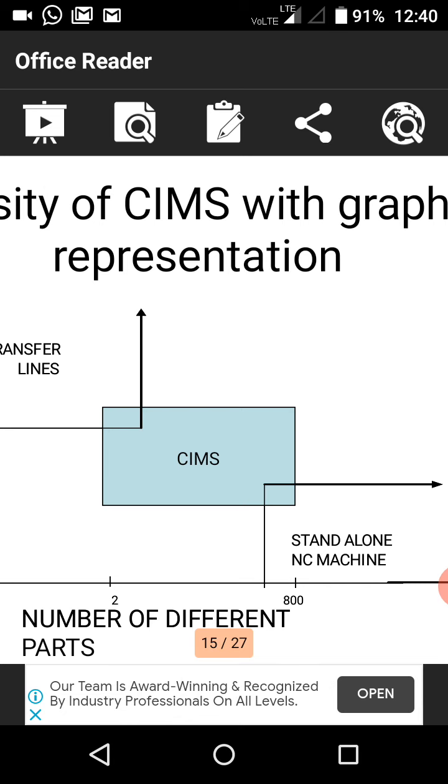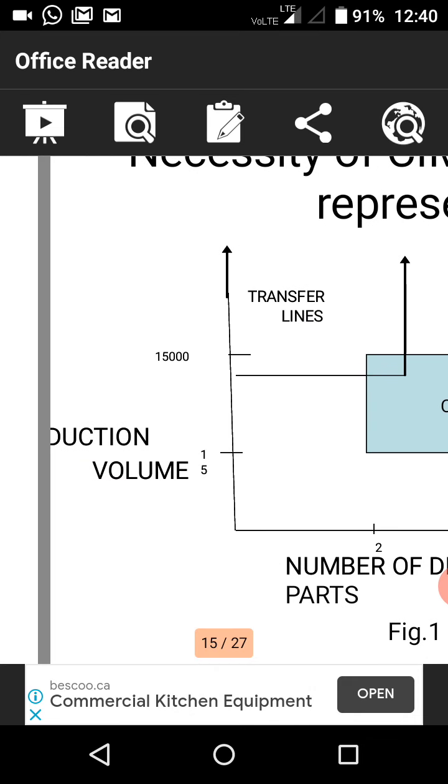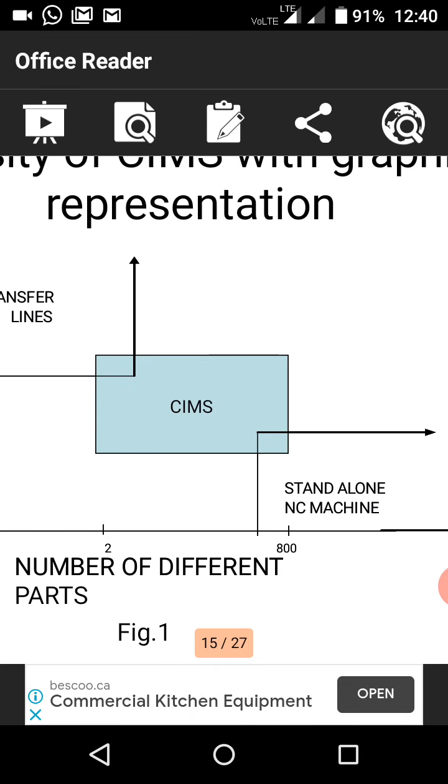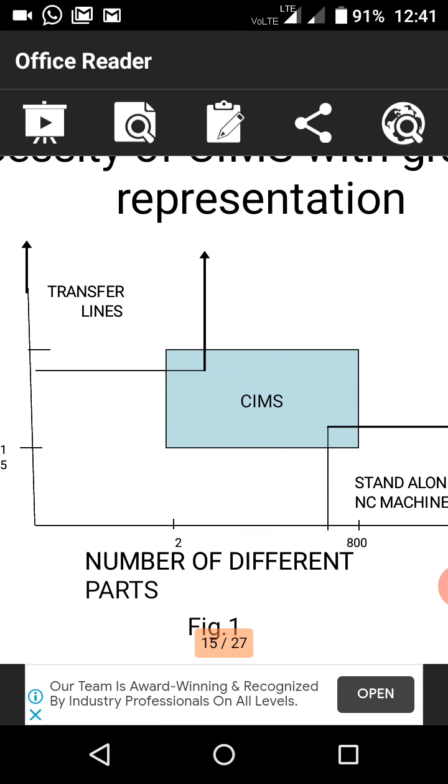Here the lines are the transverse line, the production volume, and the number of different parts. Here is the standard alone NC machine, this is the transverse line, and this is SIM. In between these two, SIM is there, and it controls the whole process.